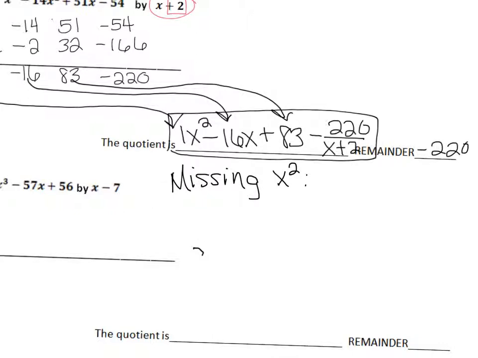So we need to fill in a 0 in its place for a placeholder. So we're going to do that, and then you're going to try this problem on your own.